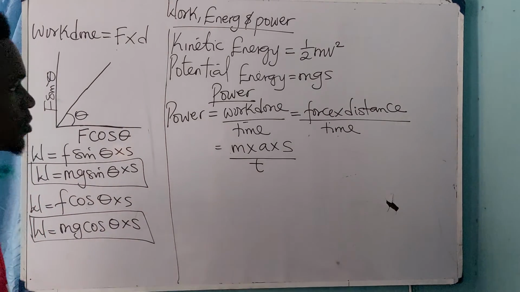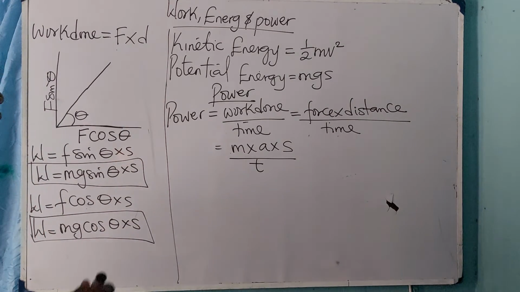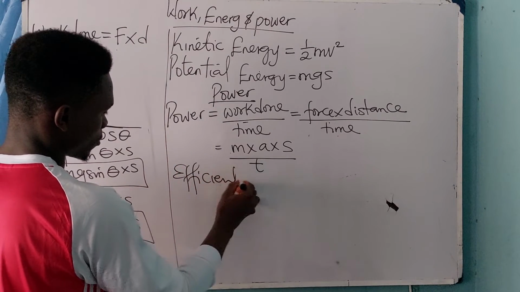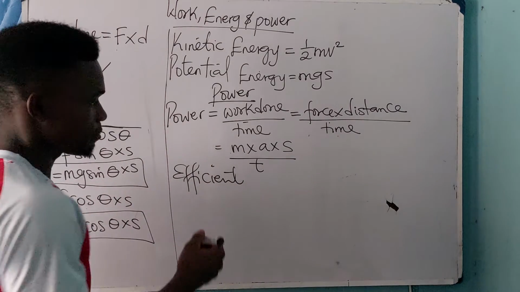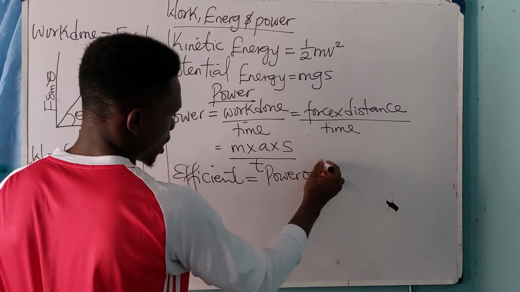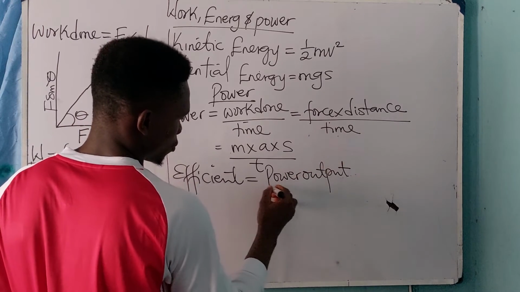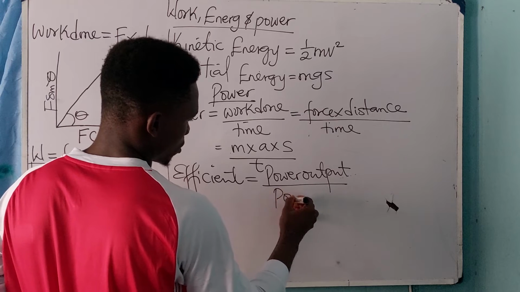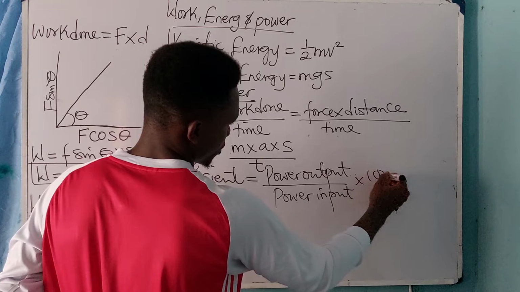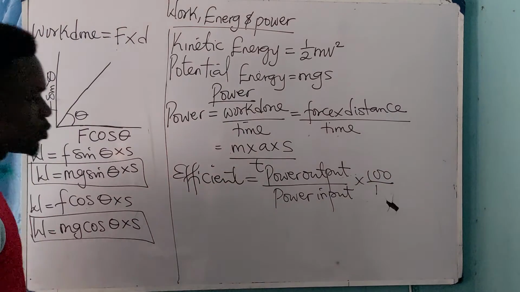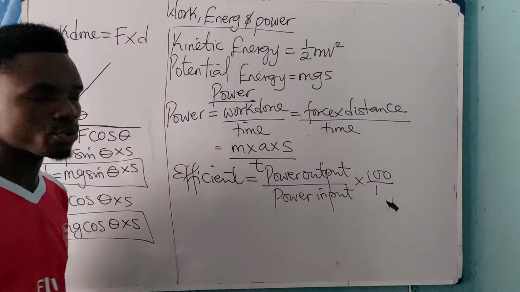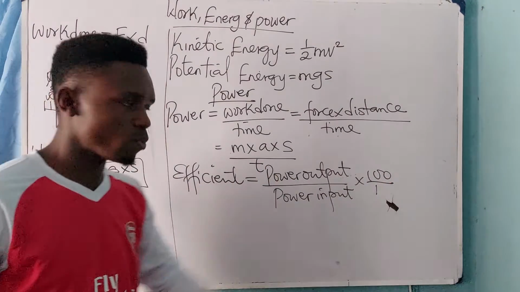Now we have efficiency. The efficiency of a machine is given as power output over power input times 100 over 1.